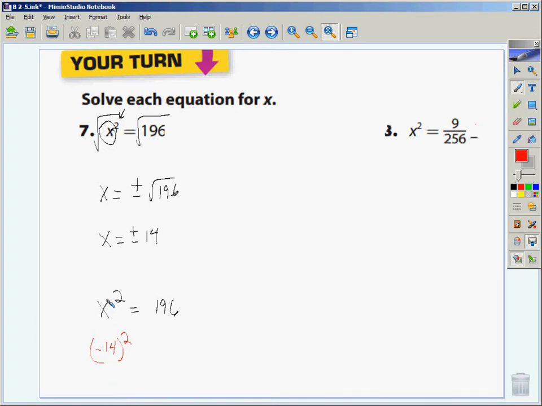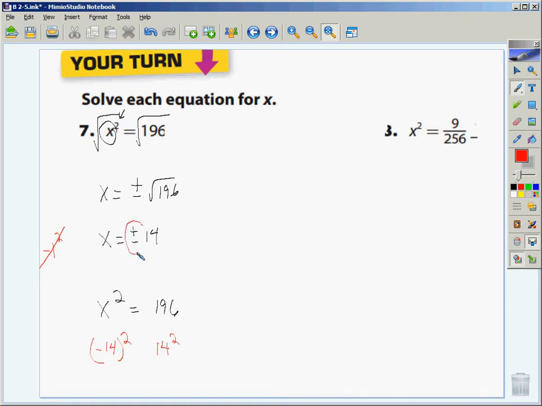There's a difference between substituting a negative number in here and having something like this, which doesn't have parentheses around it. Everybody understand that that's different? So, a negative 14 squared would give me 196, but also the positive 14 squared would also give me 196. Everybody see that? So on the test we would put both.